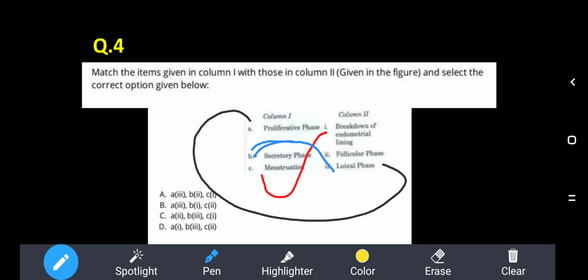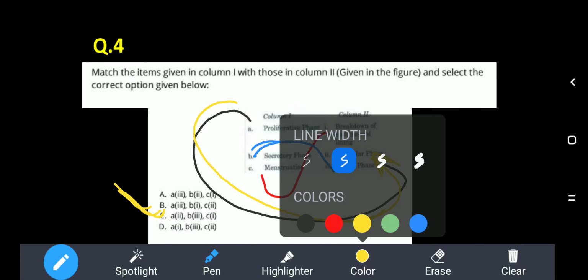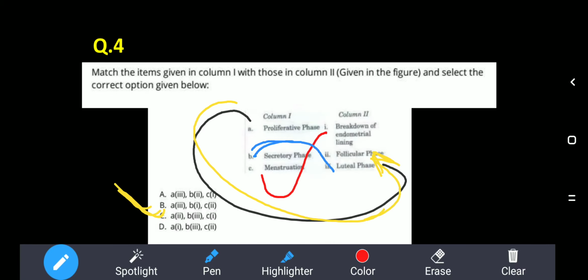So when we match and see, we have proliferative as follicular, A as 2, B as 3, and C as 1. Option number C is the correct answer, people.